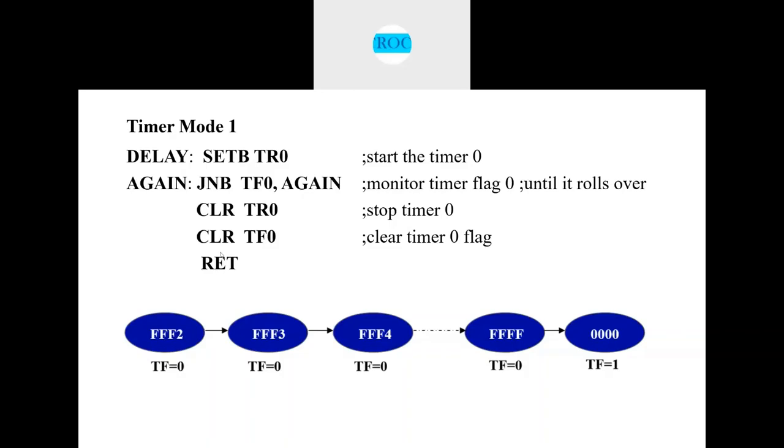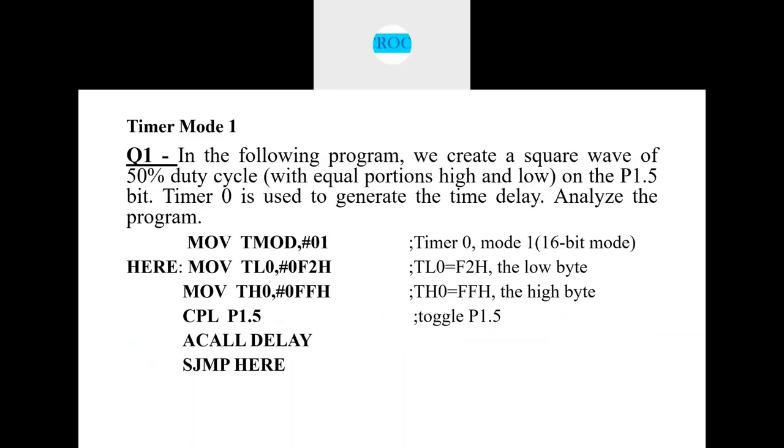For every subroutine you have a return instruction. It will return from this one and go back here again. What is the next instruction we have? SJMP here. Again it will go to MOV TL0, 0F2H. Take an example: before executing this, P1.5 was equal to 1.